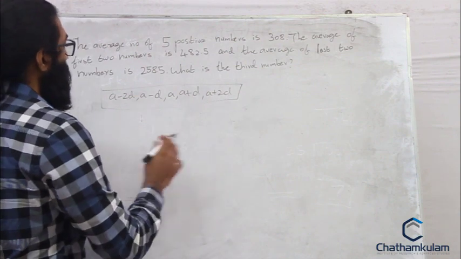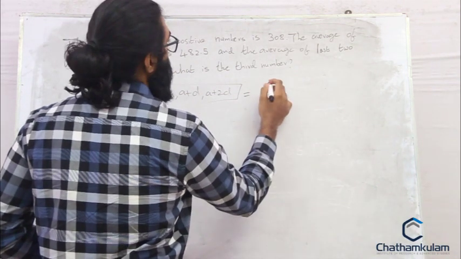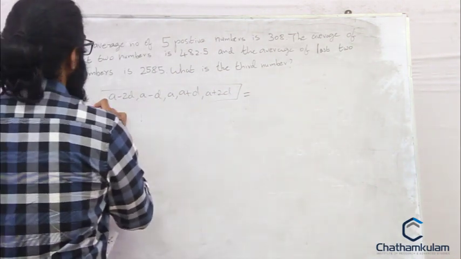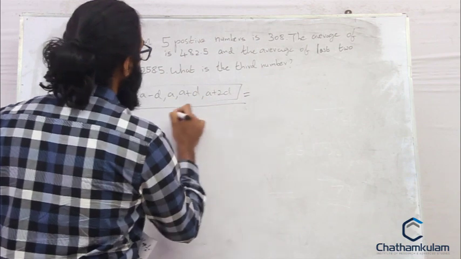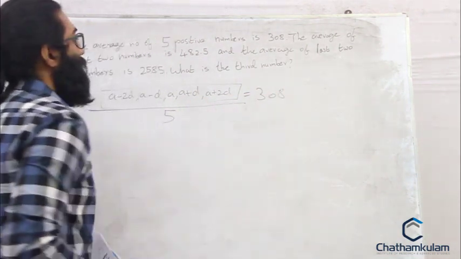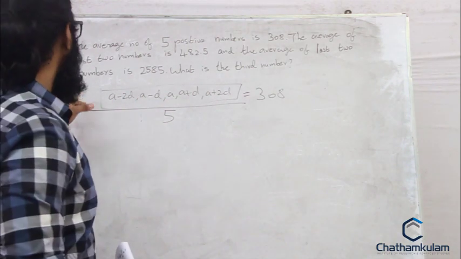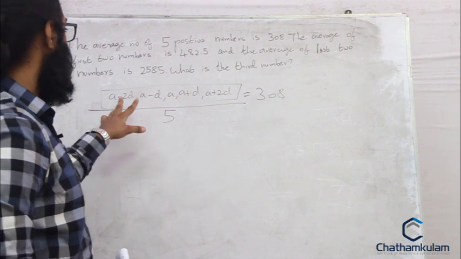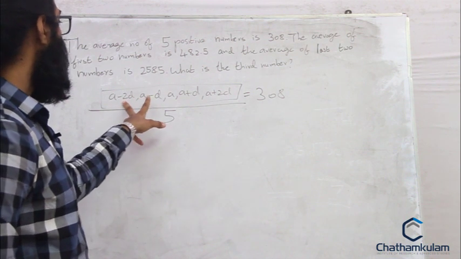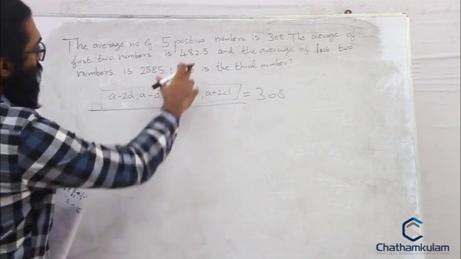So the average of these 5 numbers is given as 308. So while taking the average, it is divided by 5 and equals 308. This is given in the question. It's also given that the average of the first 2 numbers, that is a minus 2d and a minus d, is 482.5.